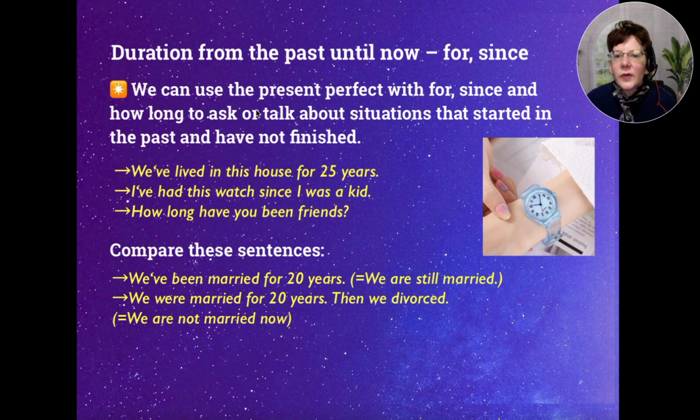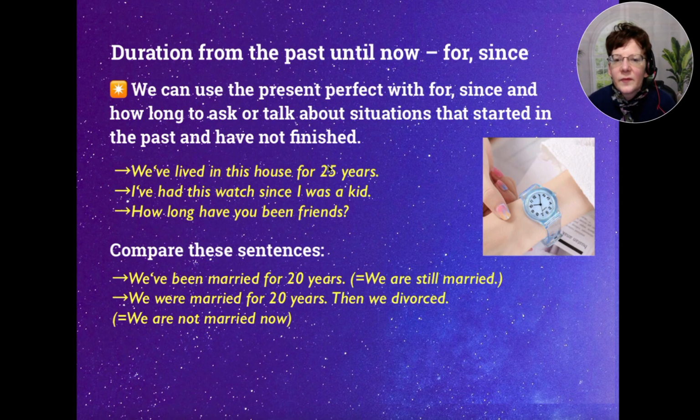Okay, we've got duration from the past until now, using for and since. Okay, we can use the present perfect with for, since, and how long to ask or talk about situations that started in the past and have not finished. So we have lived in this house for 25 years.